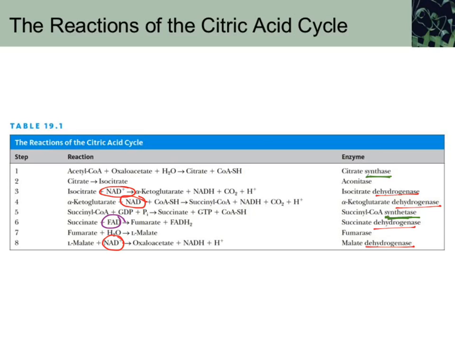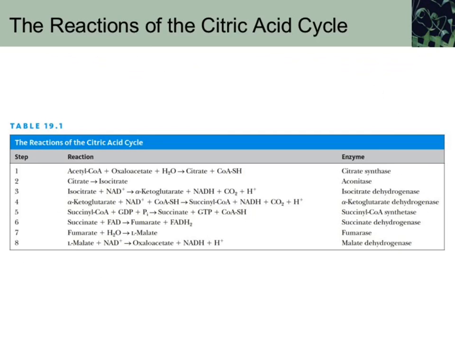The aconitase and the fumarase. Aconitase is an interesting one because if we look at that reaction, what do we start with? Citrate, and what do we end with? Isocitrate. So why the heck is it called aconitase? Remember that one? Let's see, does the previous slide have it?